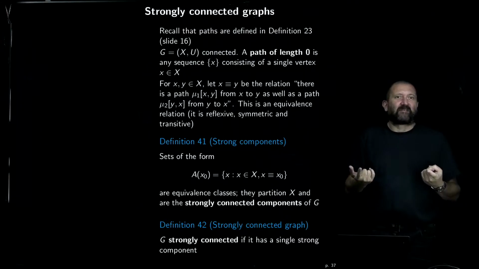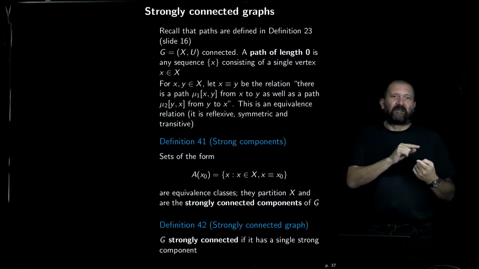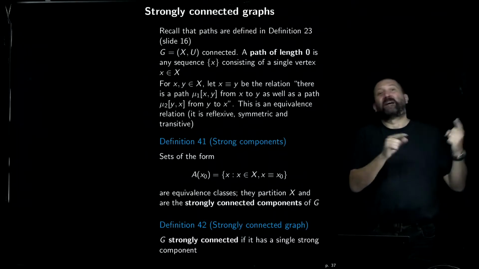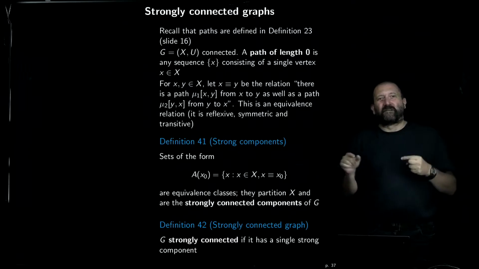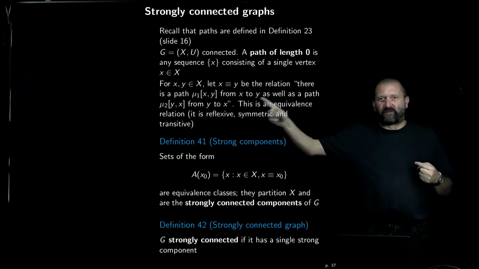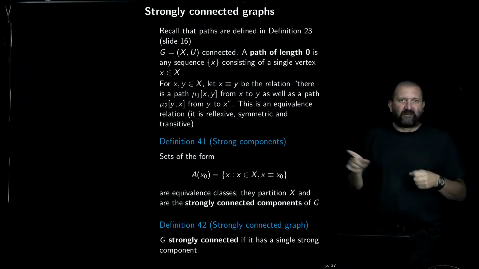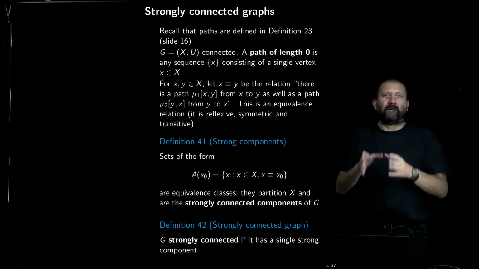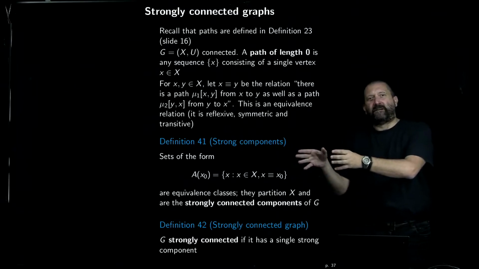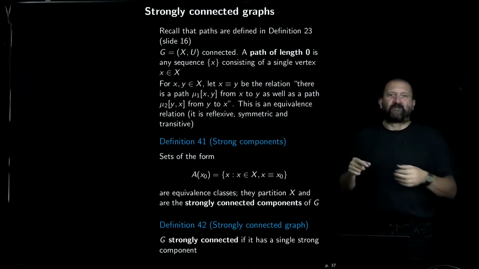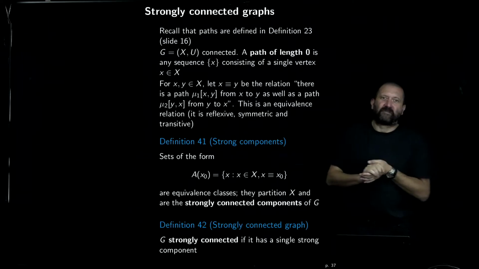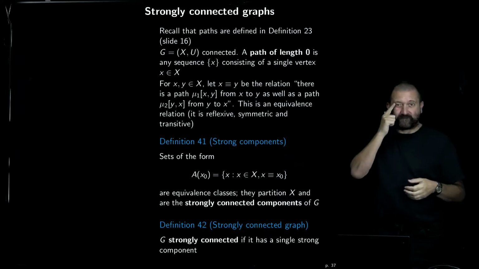The relation is symmetric if X in relation with Y implies that Y is in relation with X. That's obvious because of the way we've defined that relation. And finally, there's transitivity. If X is in relation with Y and Y is in relation with Z, then X is in relation with Z. And you can very easily work out that this is the case.